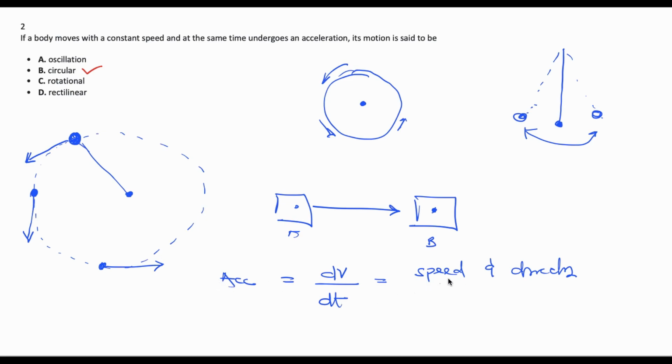But if the speed is constant and the direction is changing over time, the body is also said to be accelerating. So either a change in speed or direction would mean a change in velocity, and a change in either of these two over time means the body is accelerating. If the body is at constant speed, but the direction is changing all the time, then it is said to be accelerating. And that's why circular motion is the answer to our question here.